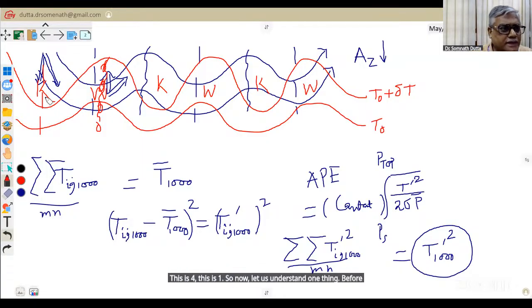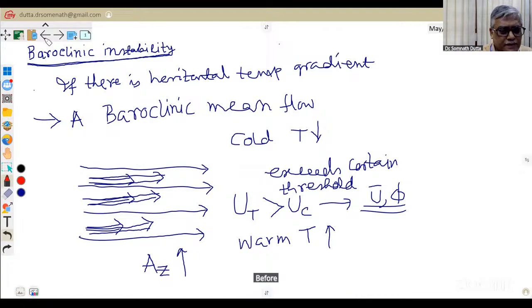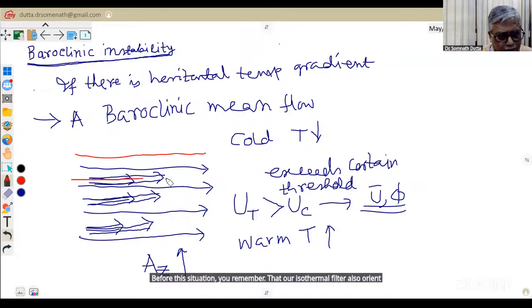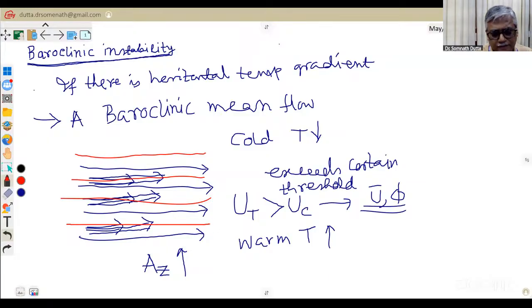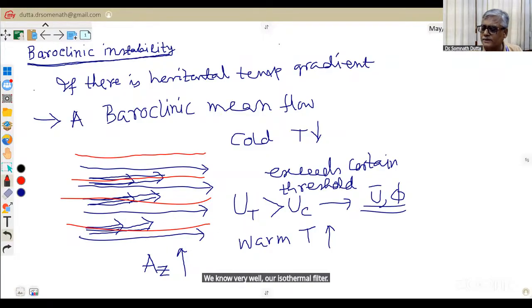Before this situation, you remember that our isothermal fields are oriented like this. We know very well our global isotherms are more or less oriented parallel to the latitude circle.